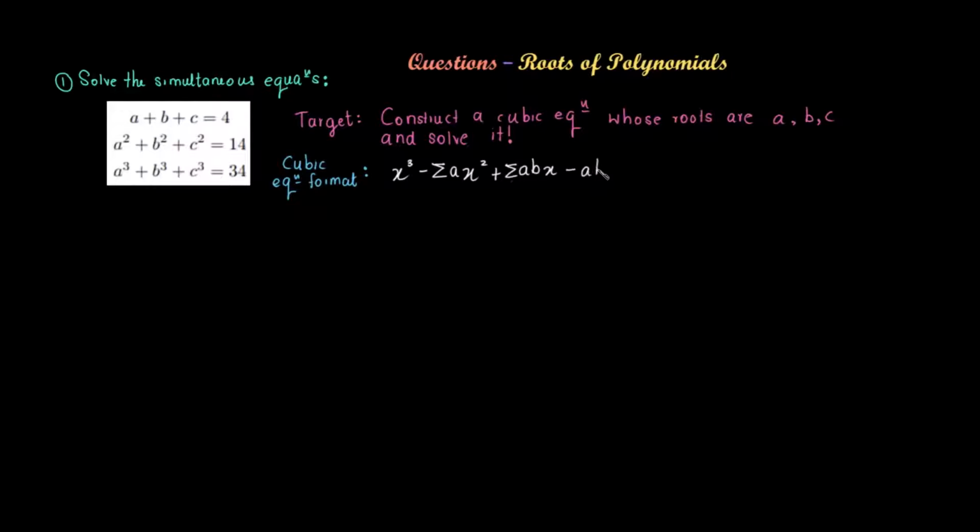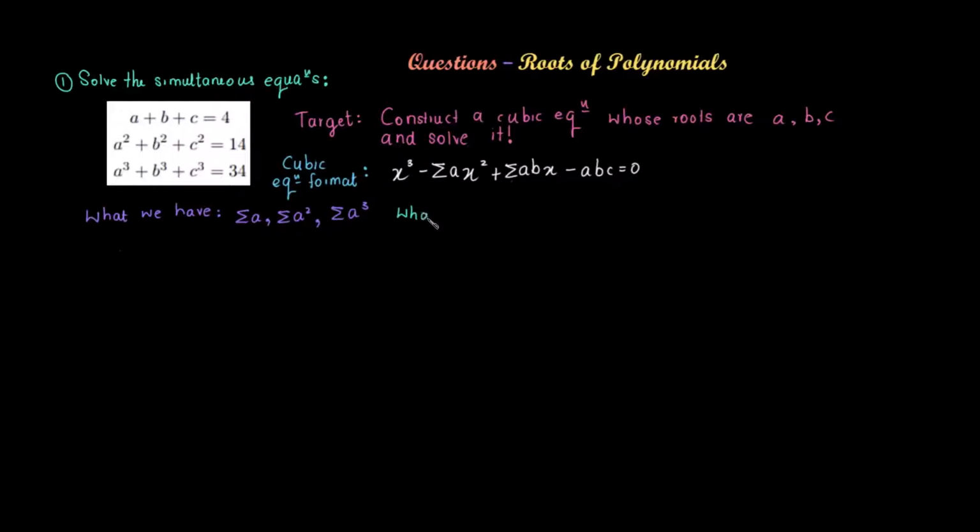So now let's discuss the information that we have. What we actually have is the following: sigma a, that's 4, sigma a squared, that's 14, and sigma a cubed, that's 34. So what do we require?